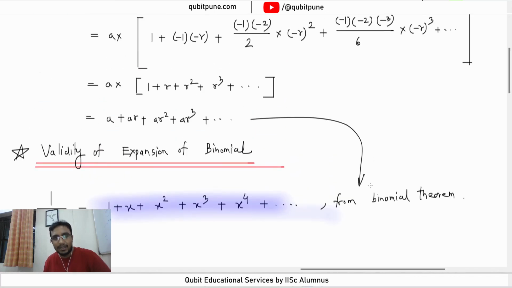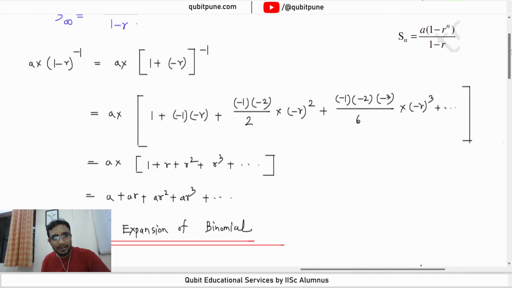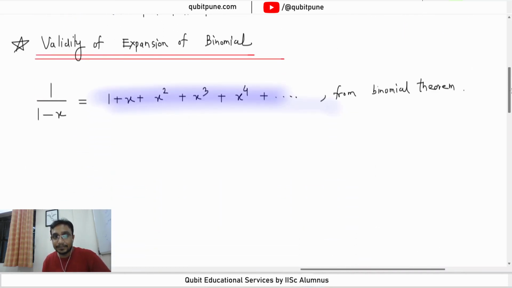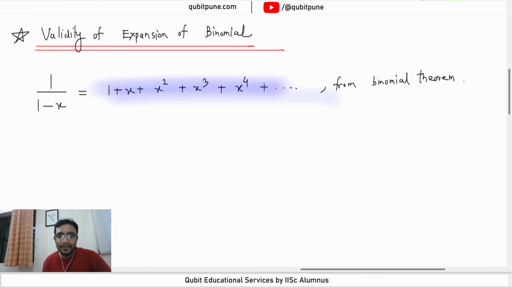What I have done is I have just taken a as 1 and I have replaced r by x. Now tell me, if I take x as 2, clearly RHS is going to be infinity. But what about LHS? LHS will be negative 1. So is the expansion valid?